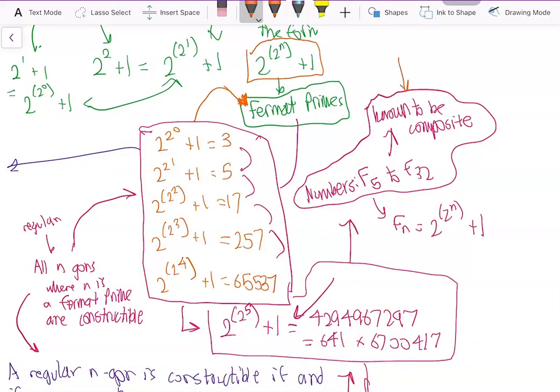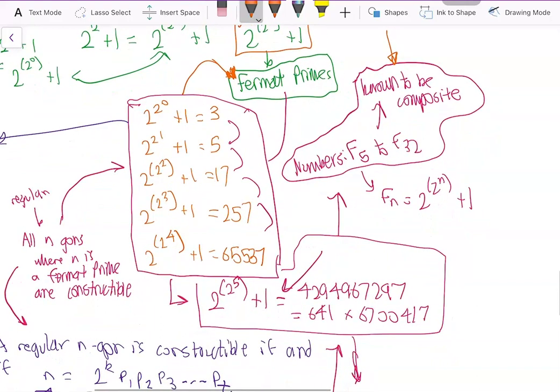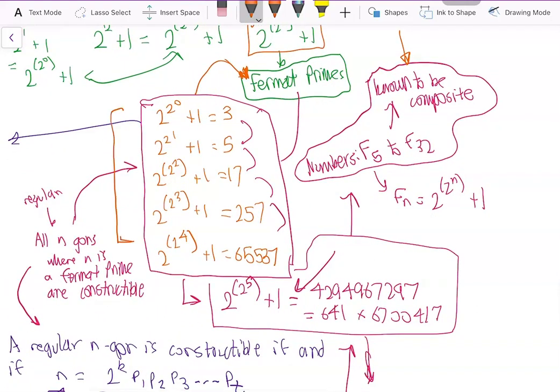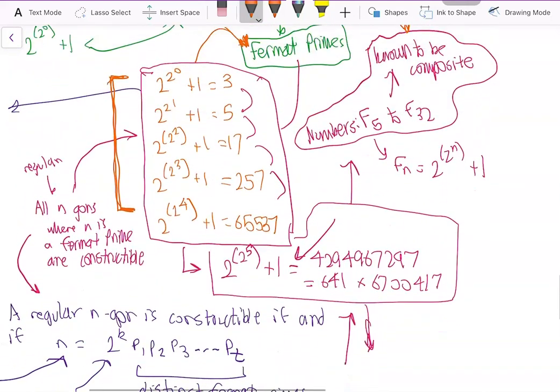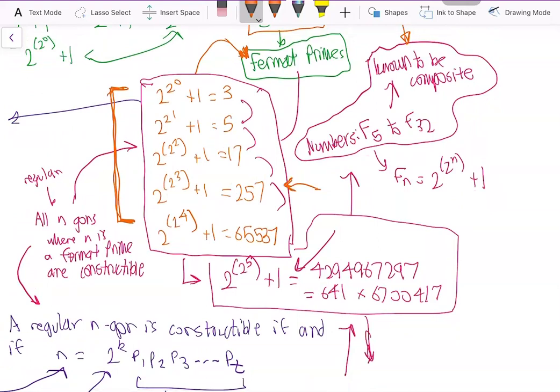It is unknown if there are any more Fermat primes, so it could be possible that these are the only Fermat primes. That's an unsolved conjecture, whether there are any more Fermat primes apart from these 5 numbers.